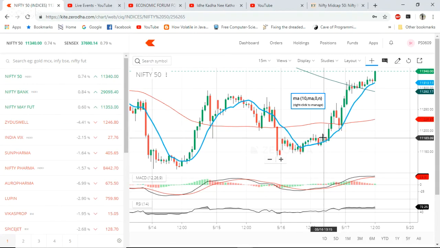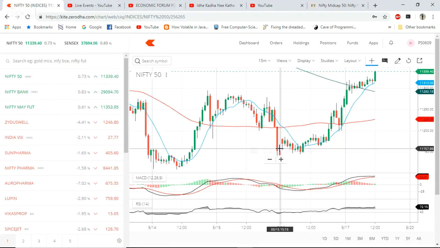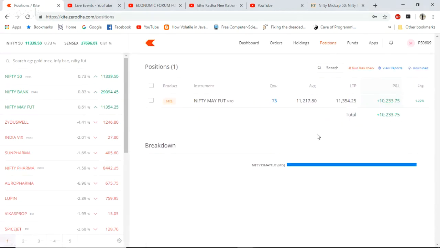Around this place I have taken some positions in Nifty as well. I have bought the Nifty futures around 11,220. I have converted it into MIS today. But obviously today it didn't even open at 11,220, so you can't expect it to be there.